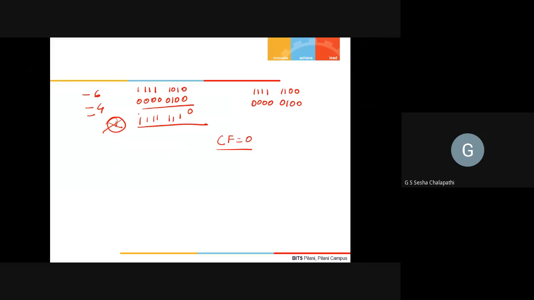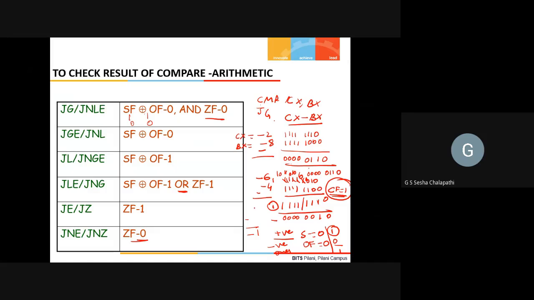The overflow flag will reflect the same thing. In this case, there is no overflow because there is no carry into the MSB and no carry out, so both are 0. So overflow is 0 here. Here also there is no overflow. Subtraction of two negative numbers is leading to a negative number, so not a problem here also.